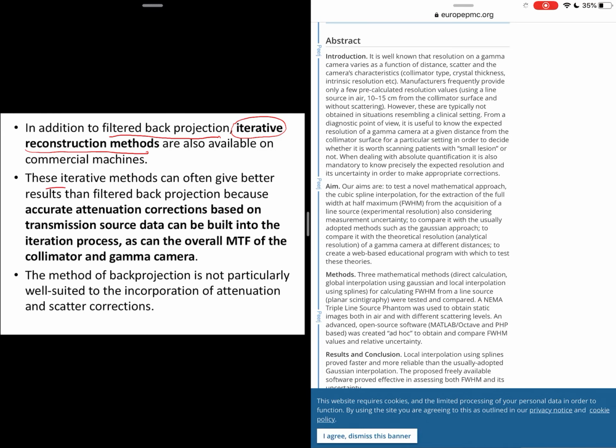So in addition to filtered back projection, there are iterative reconstruction methods, and these iterative methods give better results than filtered back projection. Why?